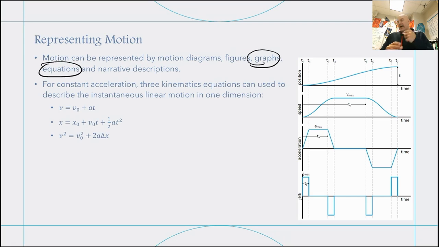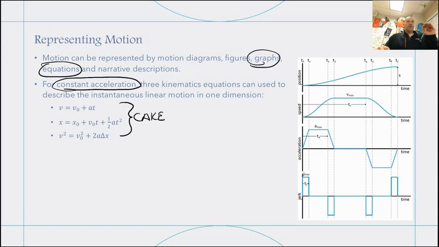Last year, in an algebra-based course, we assumed constant acceleration, and we called these the constant acceleration kinematics equations. That's when we end up with graphs that have a parabola, a sloped line, and then a horizontal line for acceleration.